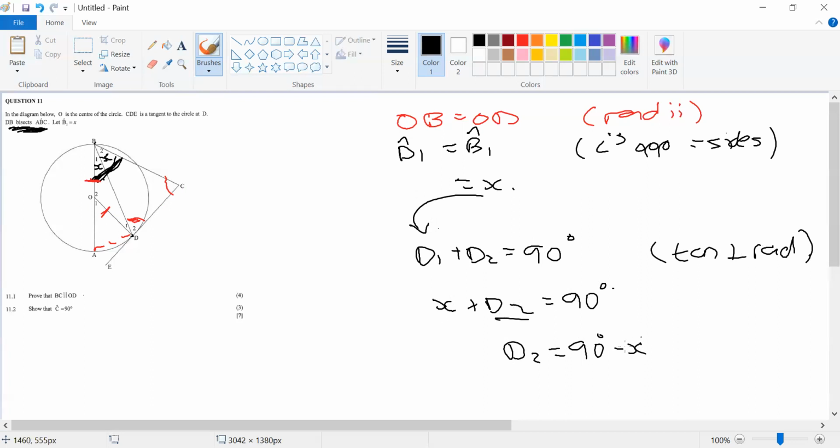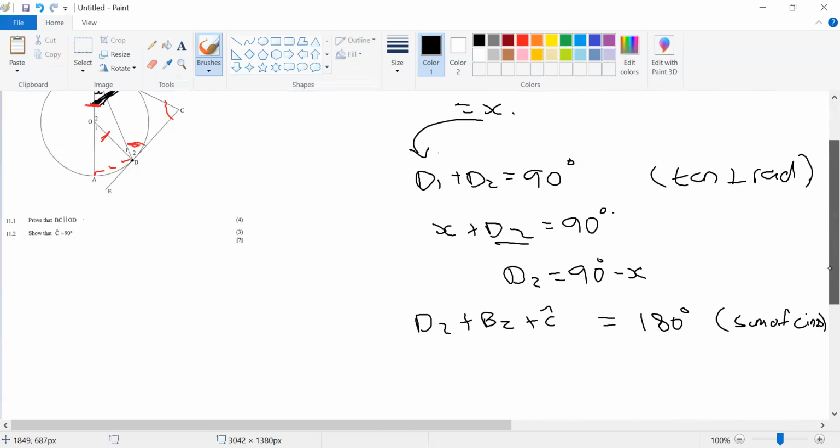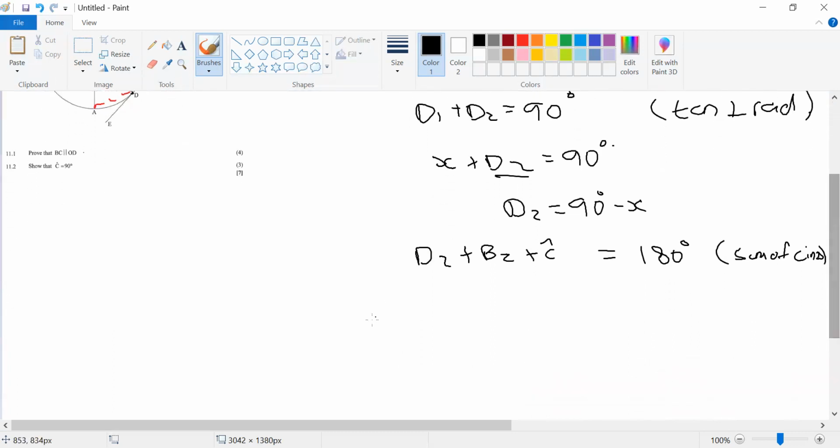So now that I've gotten to this point, let's start looking at angles within a triangle. So if we do that, we can see that I have, oh sorry, I have 90 minus X at D2. So it'll be D2 plus B2 plus C, which is equal to 180 degrees. The reason is sum of angles in triangle. And from there, all I need to do is start substituting for everything.